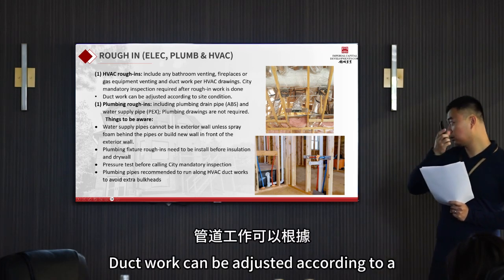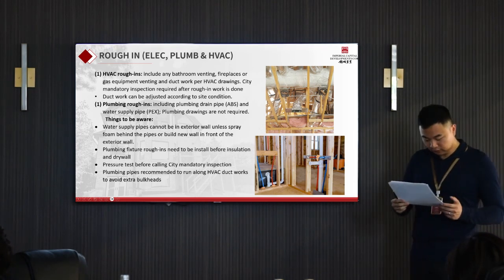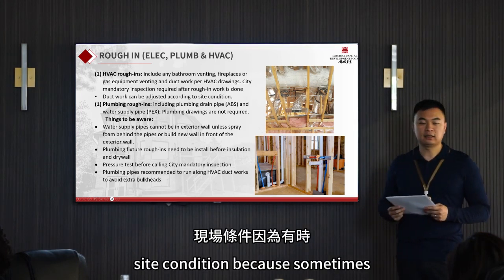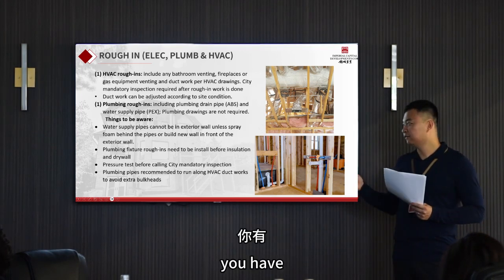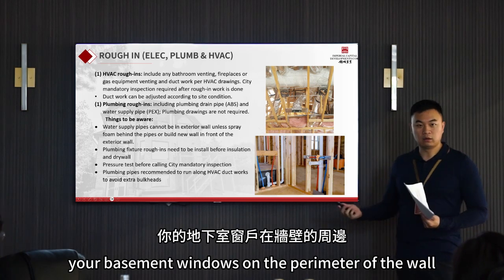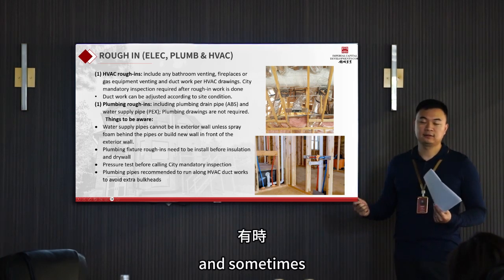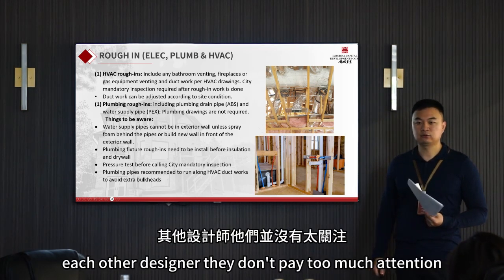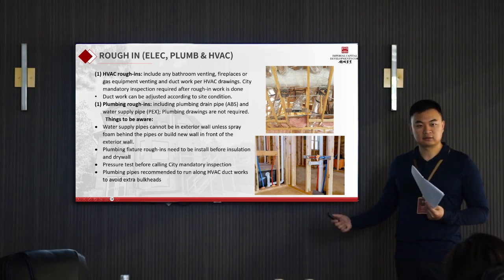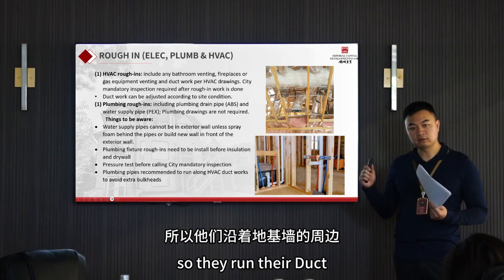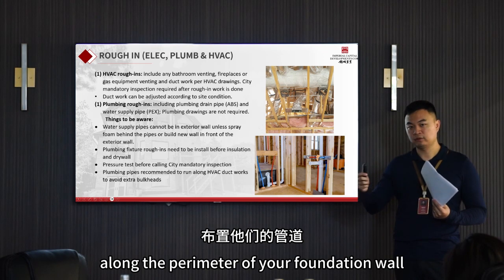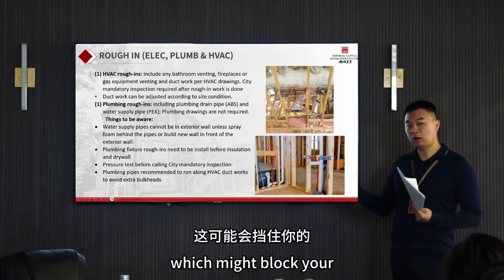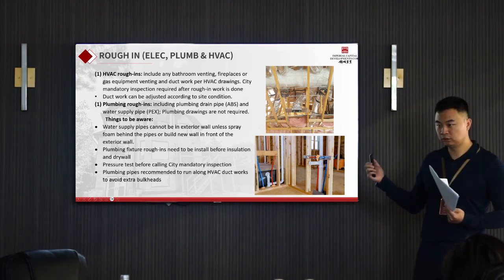Ductwork can be adjusted according to site condition, because sometimes you have your basement windows on the perimeter of the wall, and sometimes these HVAC designers don't pay too much attention. They just ignore the exterior windows. So they run their duct along the perimeter of your foundation wall, which might block your windows.